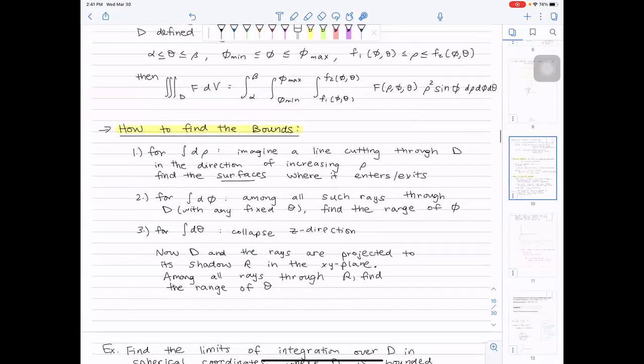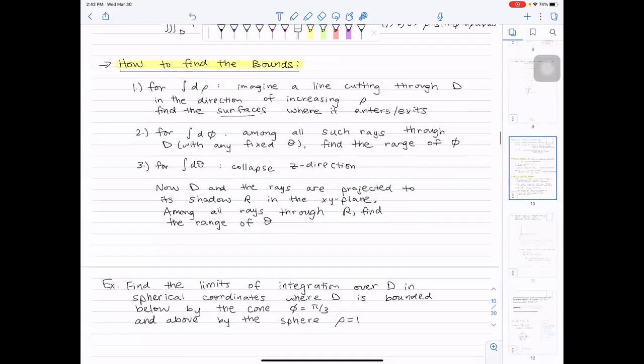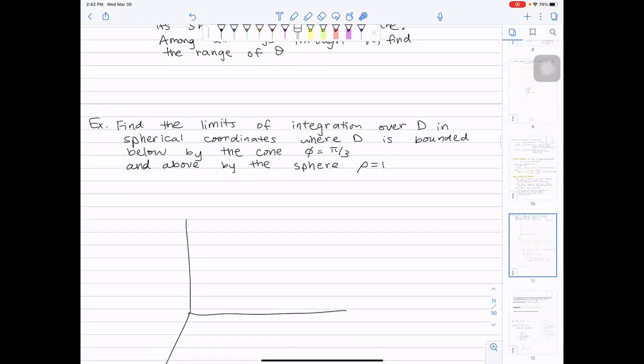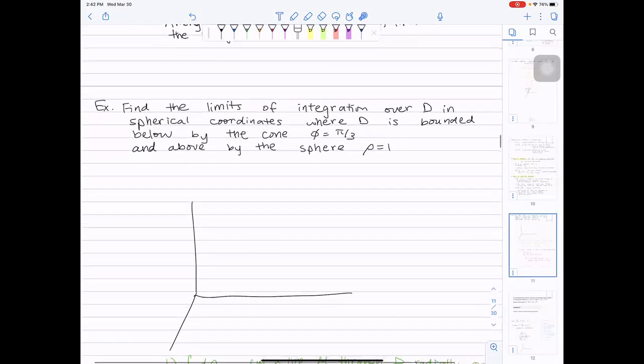Okay. So why don't we do an example for spherical coordinates? Okay, let's do this example. It says find the limits of integration over D in spherical coordinates where D is bounded below by some cone. Here you see phi equals some constant again, and above by the sphere. So here you see rho equals some constant.